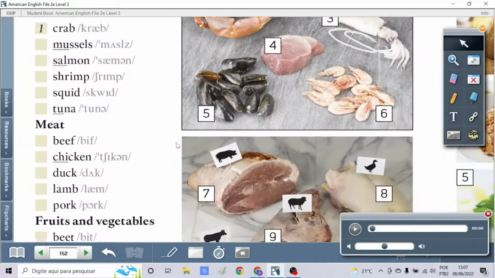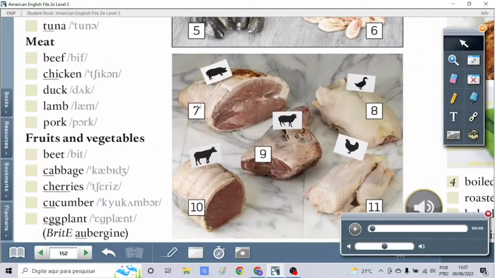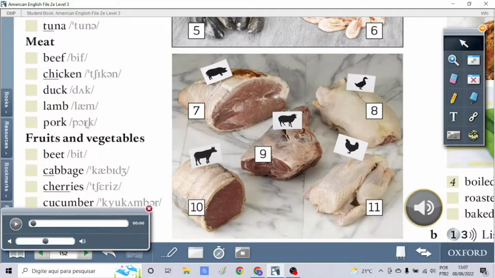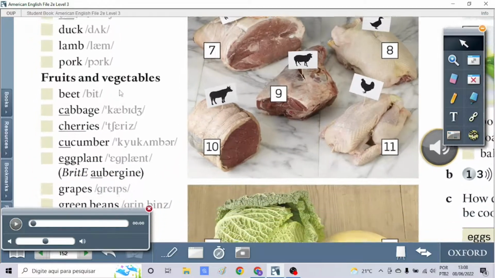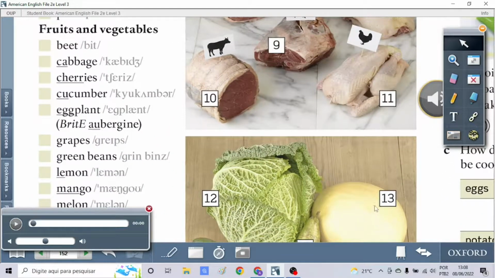Very well. Now please try to match these words to the pictures. Pause the video and answer. Amazing. Now let's go to the fruits and vegetables.